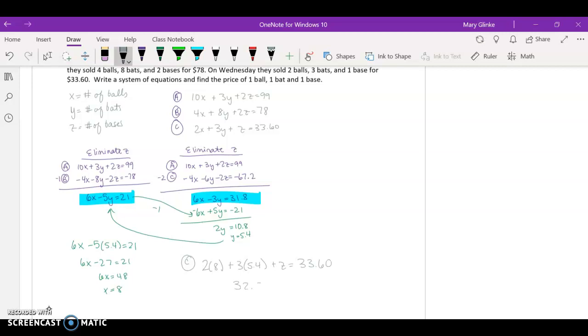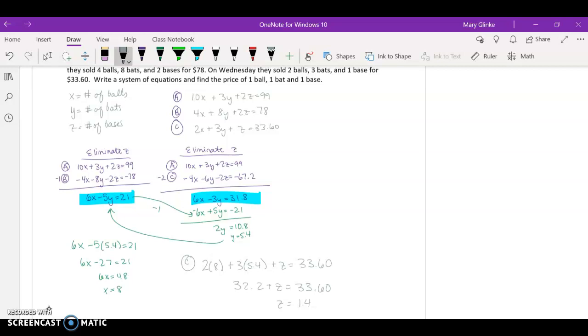So I get 32.2 plus z is 33.60. So therefore z would equal 1.4. So one ball is $8, one bat is $5.40, and one base is $1.40.